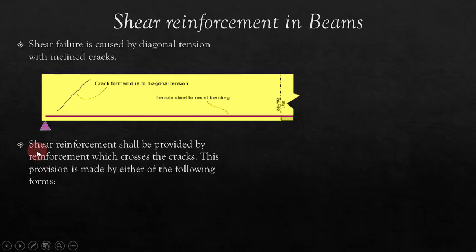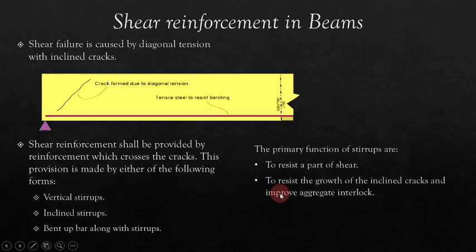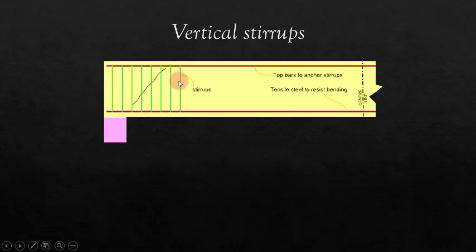This is called shear reinforcement, and it can be provided either in the form of vertical stirrups, inclined stirrups, or bent up bars along with stirrups. The primary functions of stirrups are to resist a part of the shear, to resist the growth of the inclined cracks and improve aggregate interlock, and to tie the longitudinal bars in place, thereby increasing the dowel action.